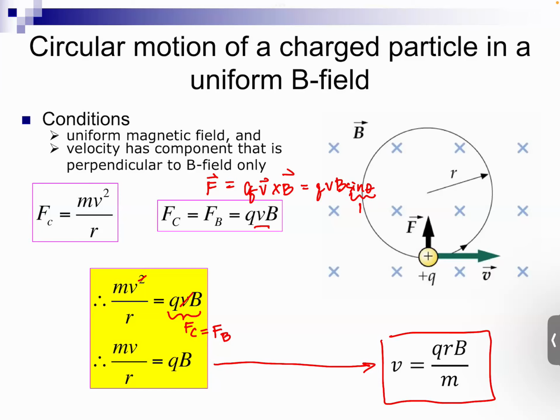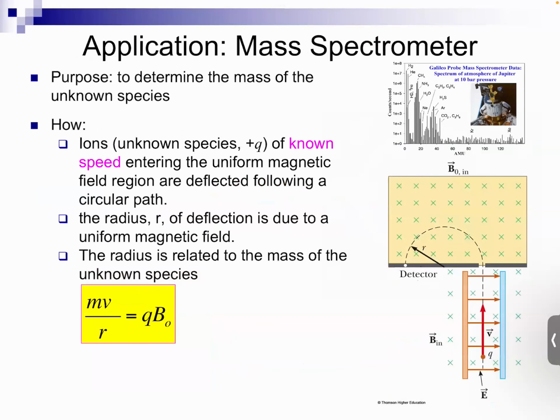And this is a pretty general observation: for any charge that moves in a uniform magnetic field, the charge will undergo uniform circular motion. By using this fact, we have a device called the mass spectrometer. The mass spectrometer is equipment that determines the composition of a material.